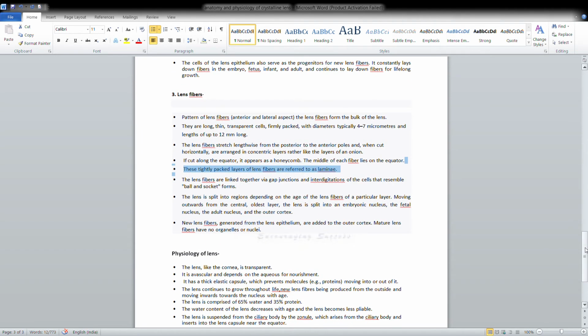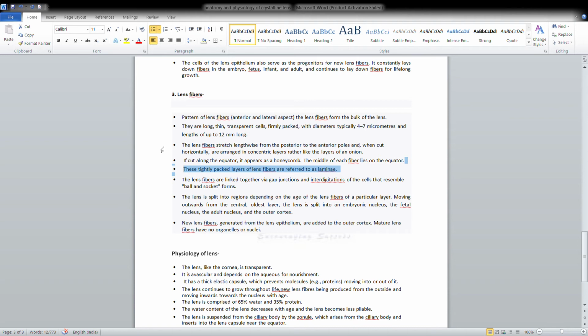And the third part is the lens fiber. The lens fibers form the bulk of the lens. They are long, thin, transparent cells firmly packed, with diameters typically 4 to 7 micrometers and lengths of up to 12 millimeters.